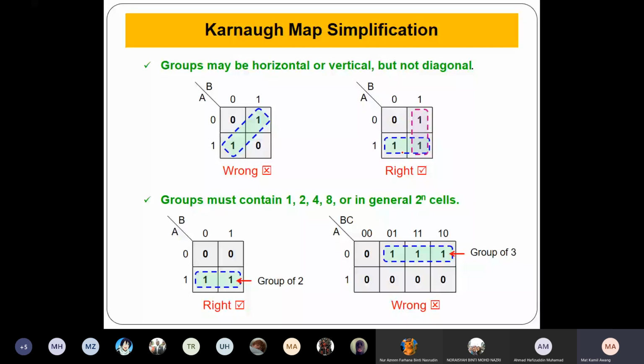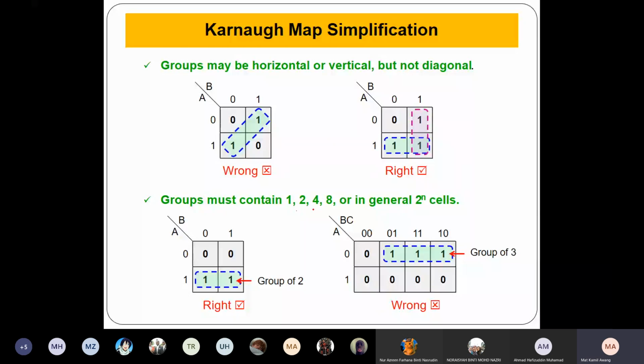So this can be simplified into A plus B. So that's the usage of the Karnaugh map. So that's why you group, so that you can simplify. You can reduce the expression. So group may be horizontal or vertical, but not diagonal. This one you cannot. So it has to be either vertical or horizontal.